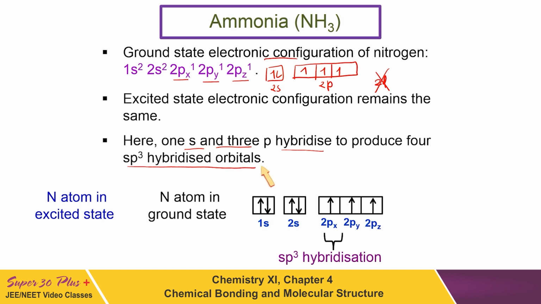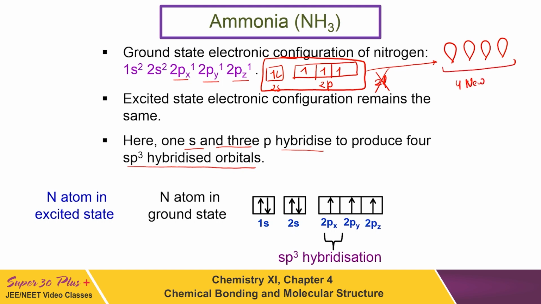Now these 4 will participate. They will form 4 new sp3 hybrid orbitals. Out of these 4 orbitals, one will contain a pair of electrons like this one, and 3 will have a single electron each.